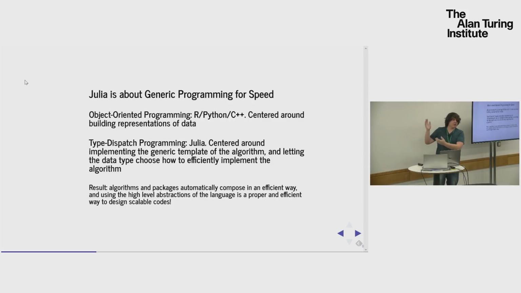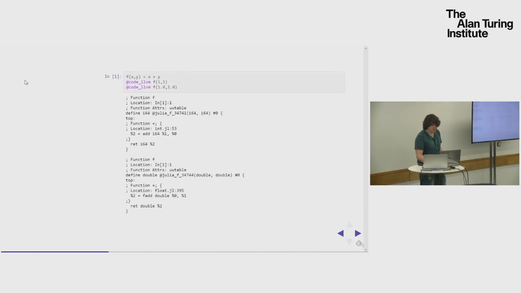If you have your generic code that says, this is an ODE solver, and someone puts in a new number type that has, maybe quaternion numbers or something crazy, right? Then, as long as you just tell that code how to do its multiplication and addition, now you have an ODE solver that works on the quaternion numbers. And so you get a lot of nice free features, which I'll explore a little in the rest of the talk. But that's also how Julia is getting its speed.